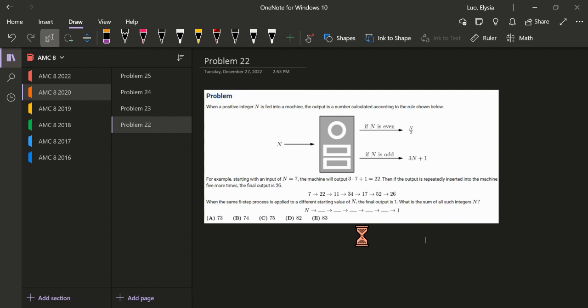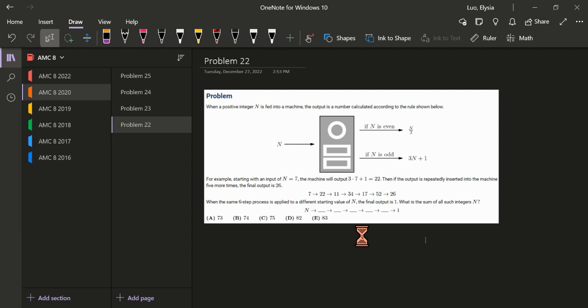When a positive integer n is fed into a machine, the output is a number calculated according to the rule shown below. So n goes into the machine, and if n is even, then it would be n divided by 2. But if n is odd, it would be 3n plus 1.